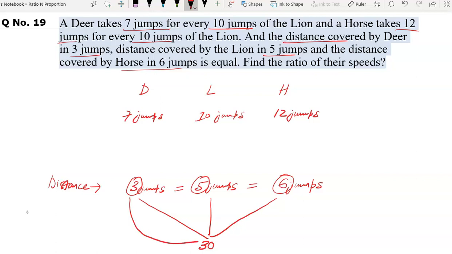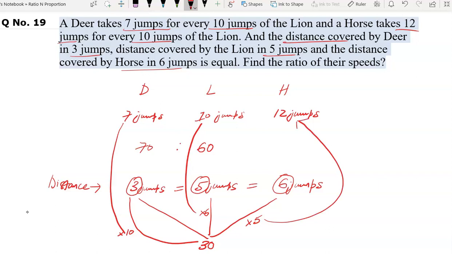So 3 into 10 will give us 30. 10 into 7 will give us 70. 5 into 6 will give us 30. 6 into 10 will give us 60. 6 into 5 will give us 30. 5 into 12 will give us 60.